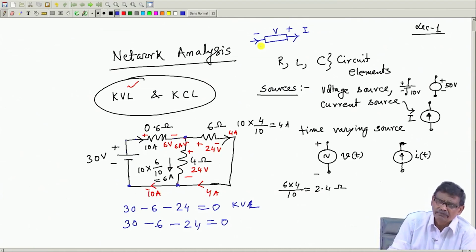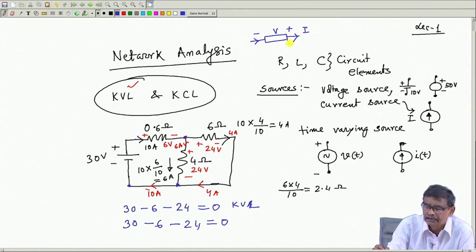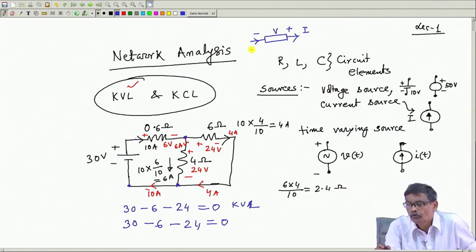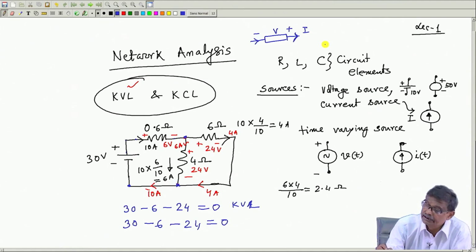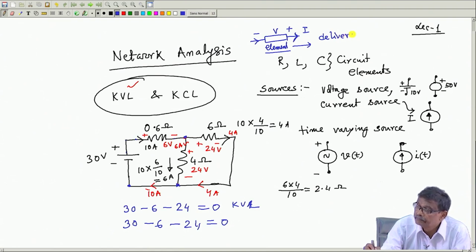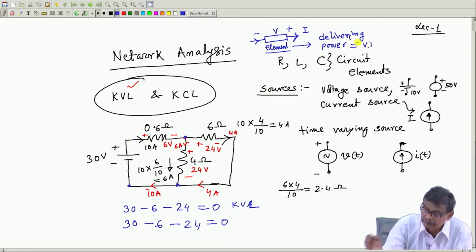We will go into further detail, but in general, if you have managed to calculate the voltage across that element with the correct polarity, and you have also managed to solve the current flowing through this element, and you find the current direction is like this, then I will say that this element is delivering power whose magnitude is V I. That is what I will tell.